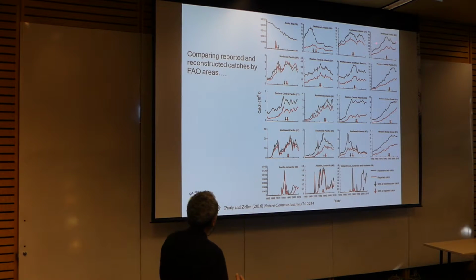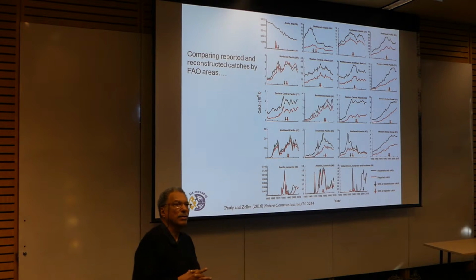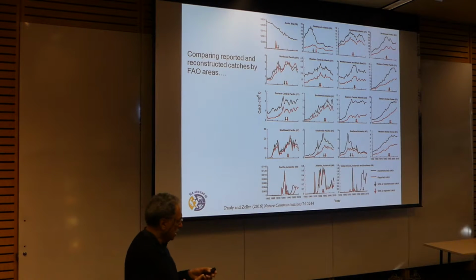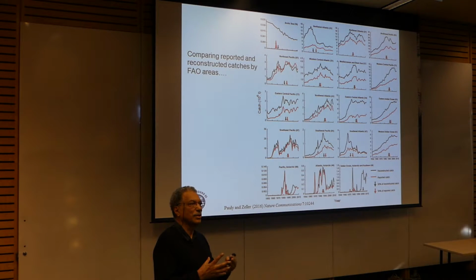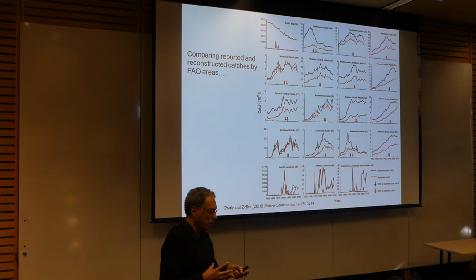And interestingly, you can see that there are two groups of areas, essentially. The areas where the catch declines, and these are usually areas with good statistics, and then areas where the catch continues to increase, and it so happened that these are countries with lousy statistics, made up statistics largely.